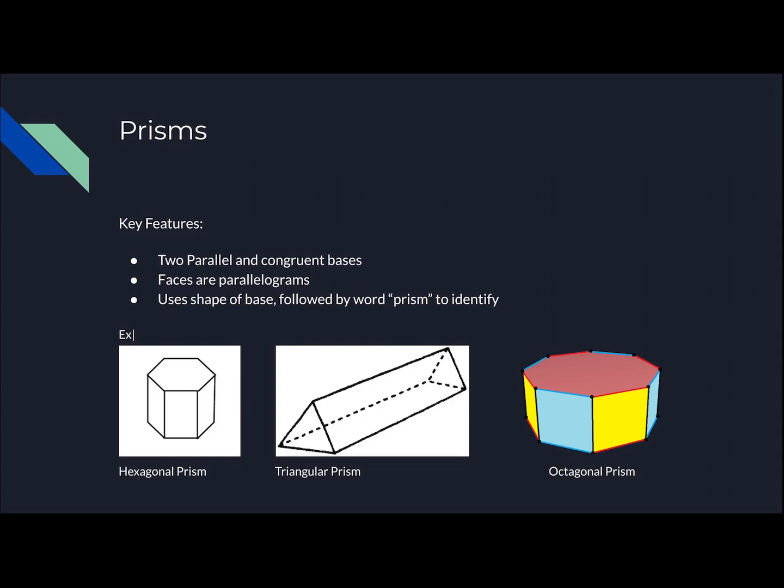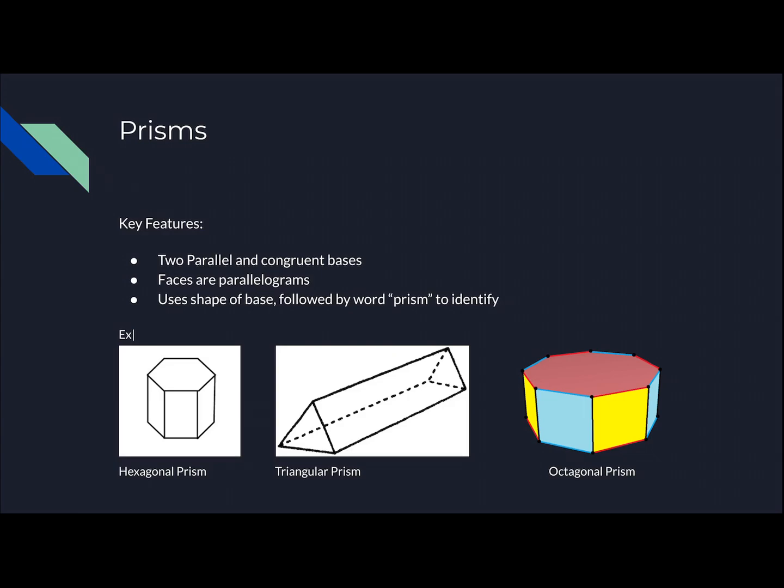So the bases, if you look at this hexagonal prism, for example, the way that these are made, there are two parallel, congruent bases. Then the faces, or the sides, are all parallelograms. Now, they may not be rectangles. Most of the time that we're going to use them, they will be, but they can be any sort of parallelogram.